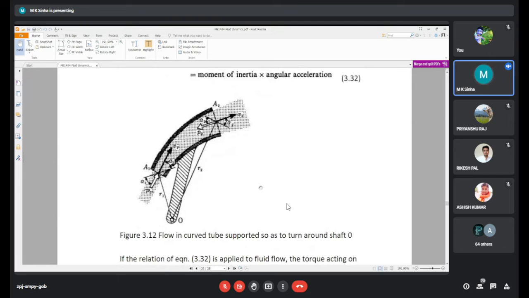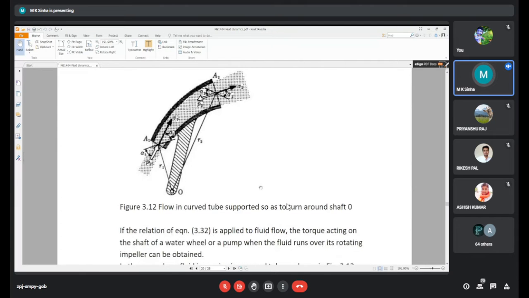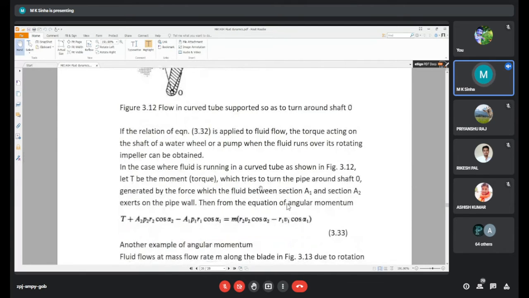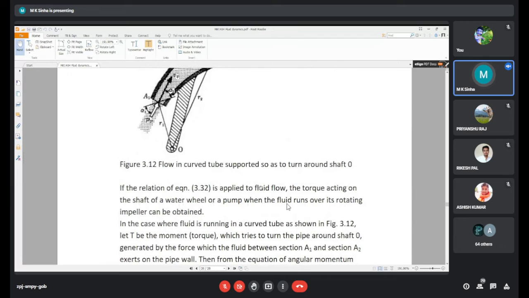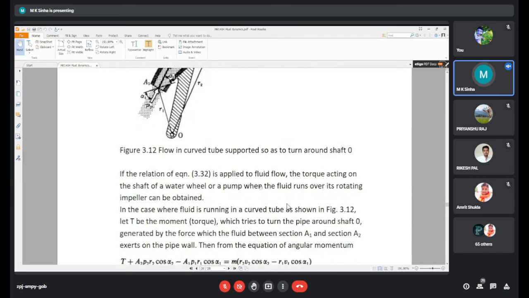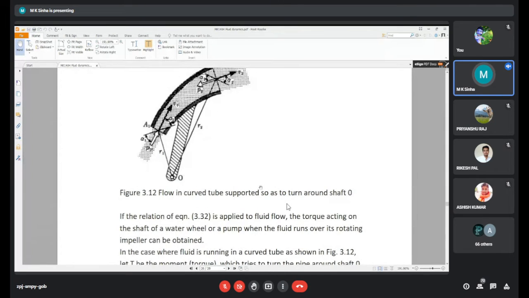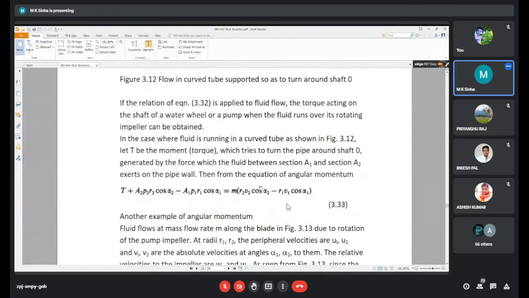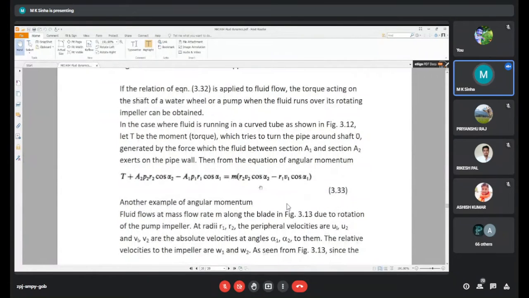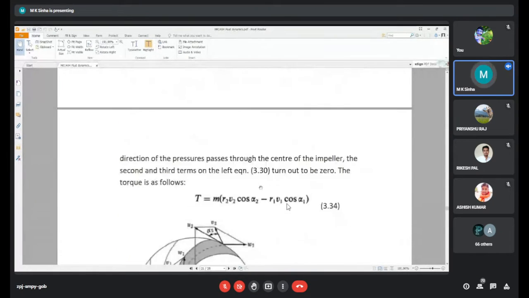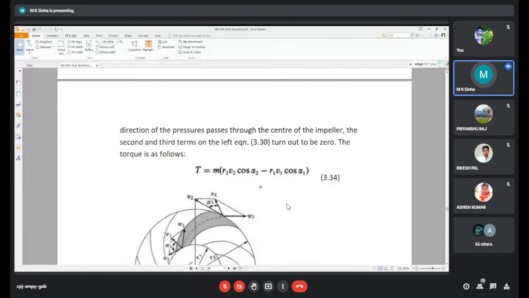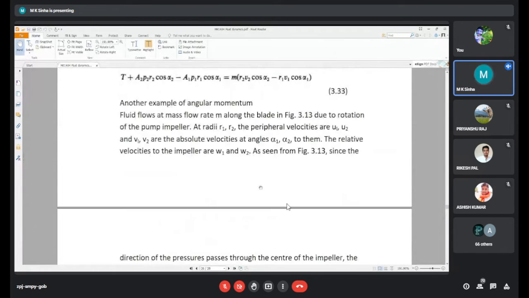Here the velocity is resolved similar to the pattern we did for linear momentum, but this is rotational. T is the torque or moment acting on the plate, and this will give the relations.